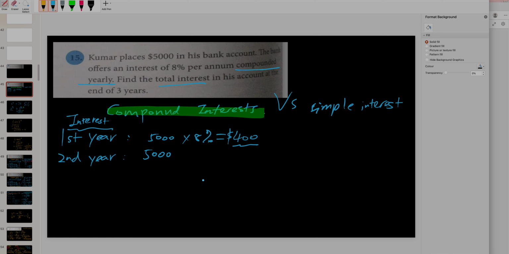So the second year you will start with 5,000, or you will start with 5,000 plus the 400. So it's 5,000 times the 8% again for the second year interest, or 5,000 plus the interest 400 times the 8%. Which one do you think is correct?